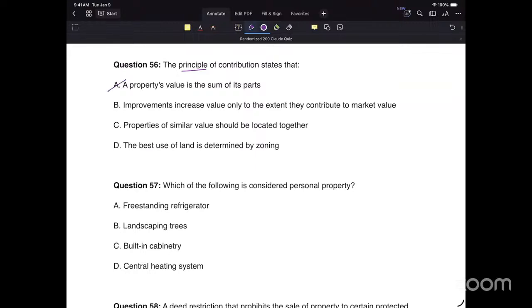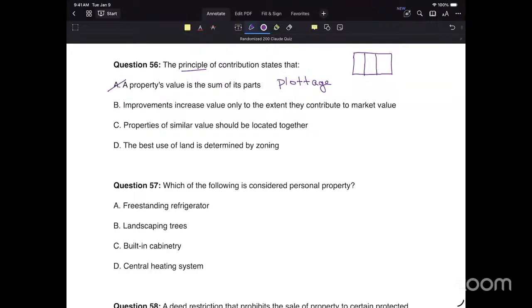And you know why? Because do you remember learning about plottage? Plottage makes this wrong. That is not always true. So let's say you had a street and it had 3 lots. They're all the same.